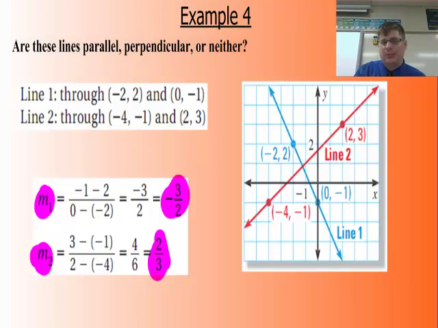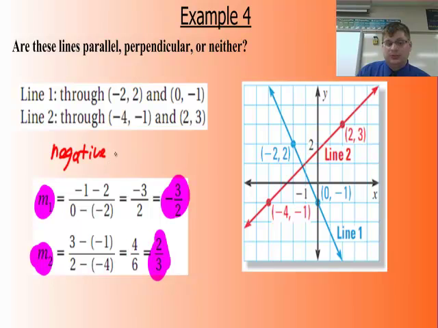So what does that mean? Well, what do you notice about these two slopes? Any similarities or differences? What I notice is that here we have a 3 on top and a 2 at the bottom. And this one is the reciprocal. It's switched: 2 on top, 3 on the bottom. I also notice that one is negative and one is positive. In fact, these are negative reciprocals.